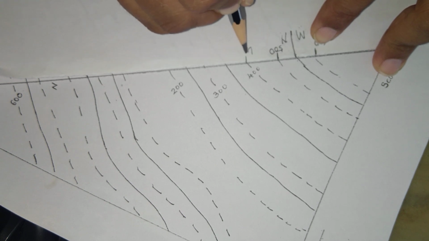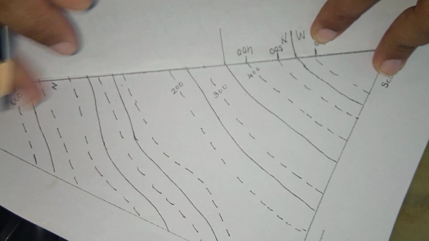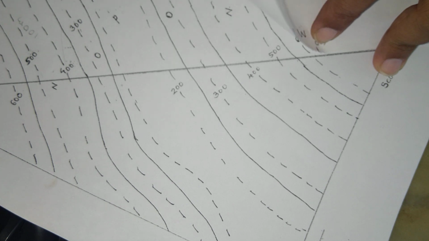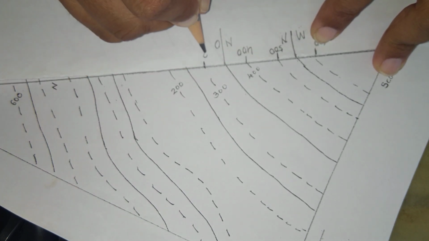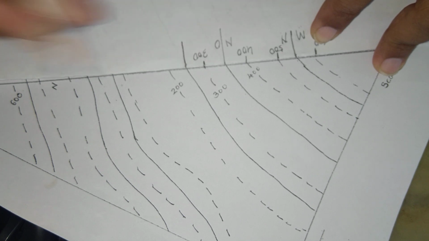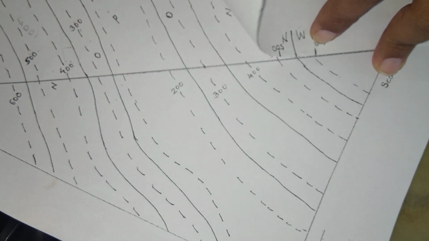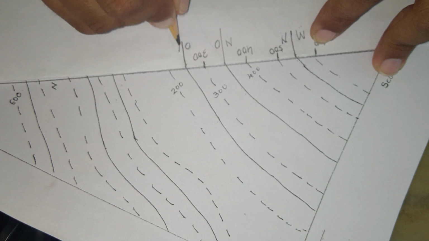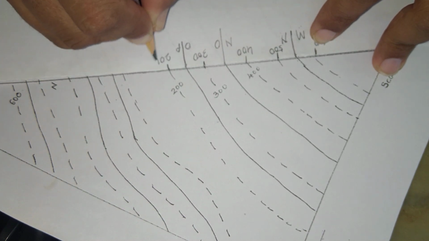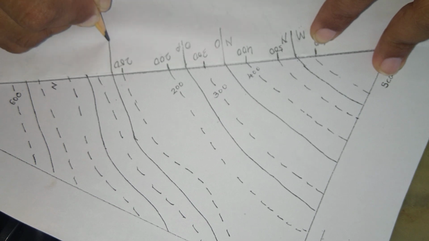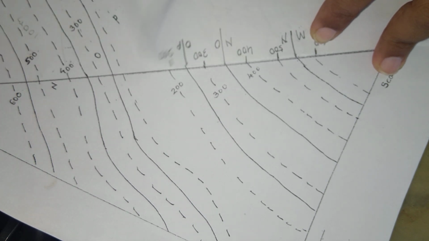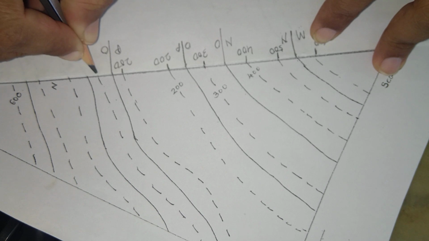Then next again contour 400. Then there is a bed, that is N by O. Then there is a contour 300 meters. Then there is a bedding plane OP. Then there is a contour, again a contour of 200. Then there is a bed, that is PO, bedding plane.